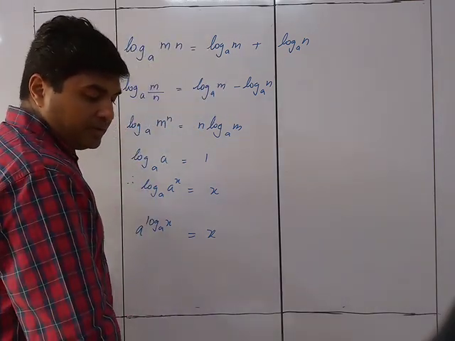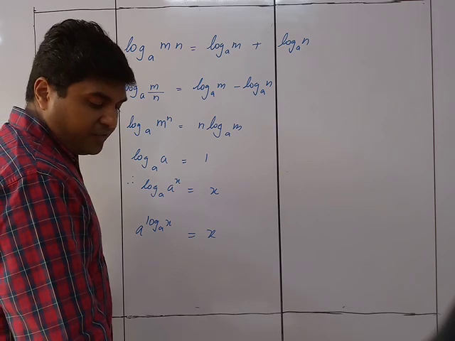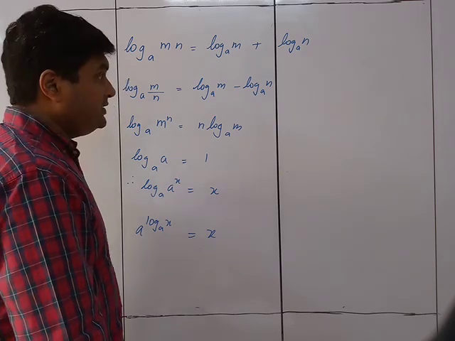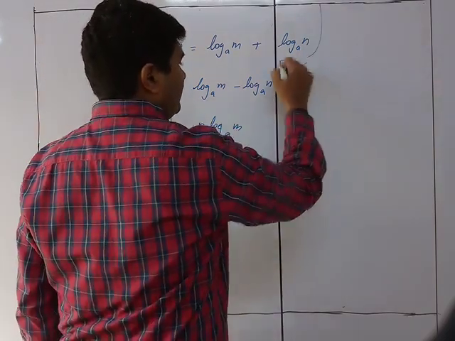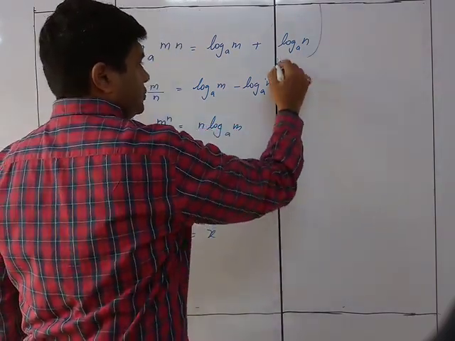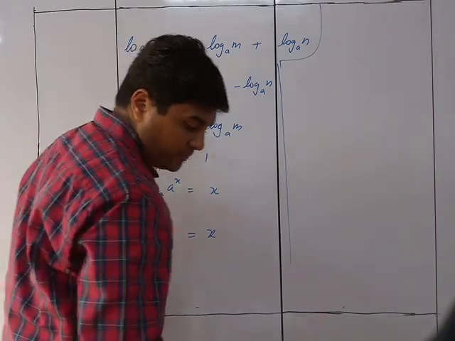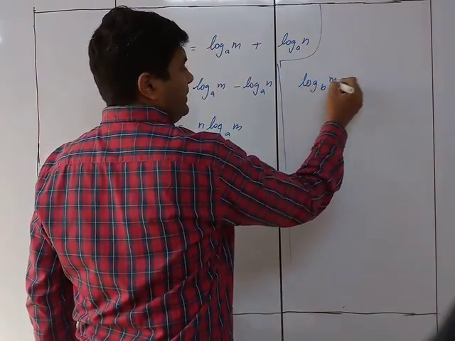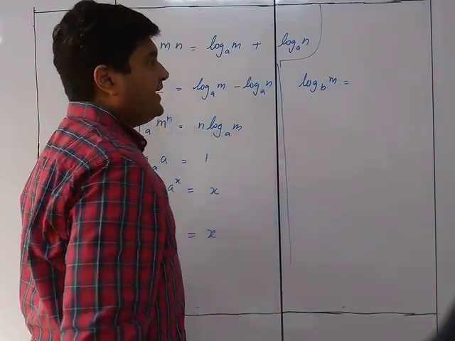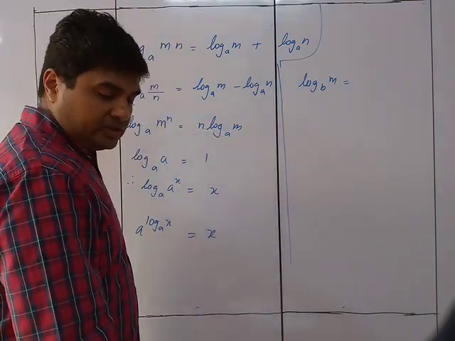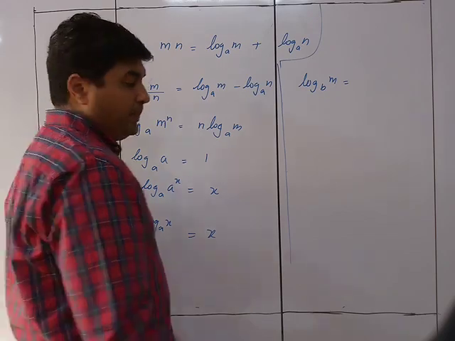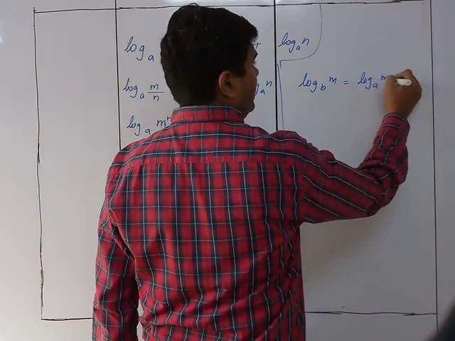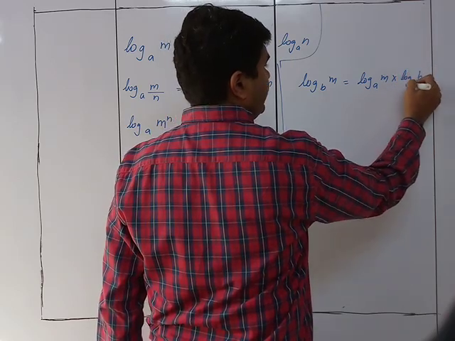Now there are also some base changing things where we need to change the base. We have the formula for changing the base. Log of m to the base b is equal to, if I want to change the base to a instead of b, log of m to the base a divided by log of b to the base a.